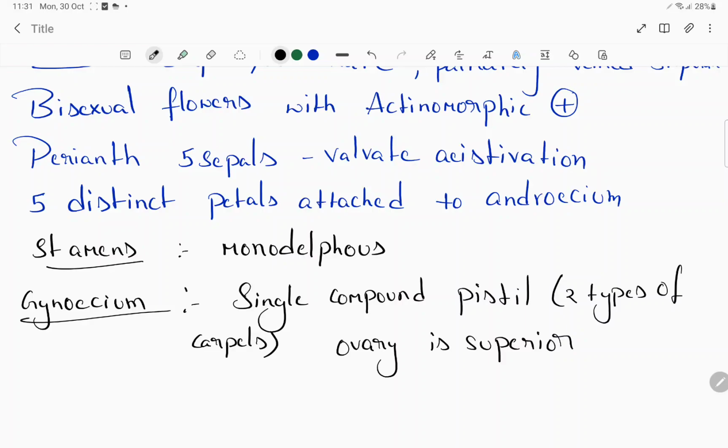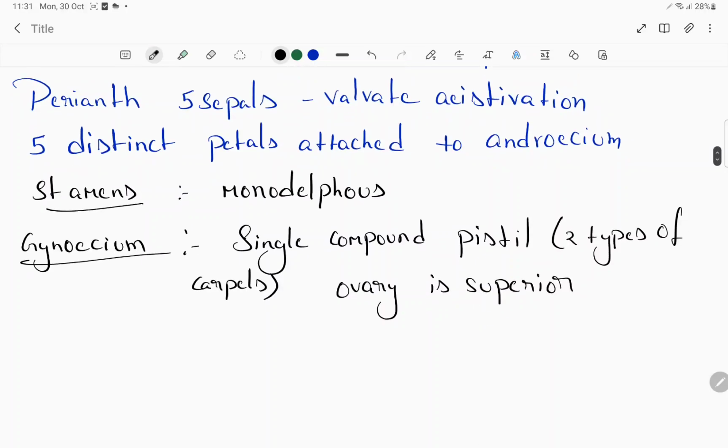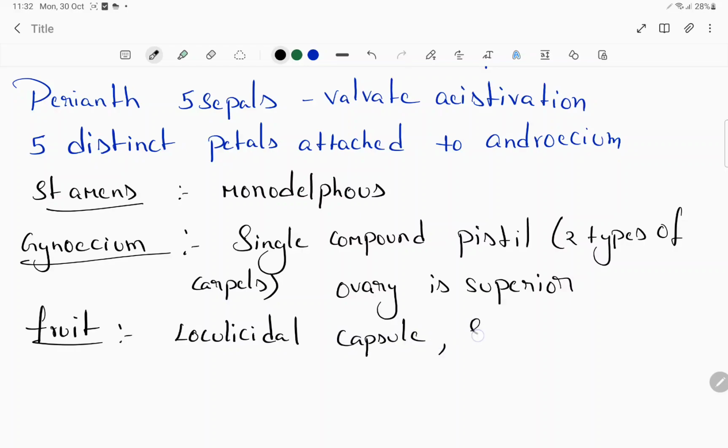And we have many locules. And the fruit is a loculicidal capsule, which means having locules. Capsule, which is schizocarpic. You can also see berries and samara.